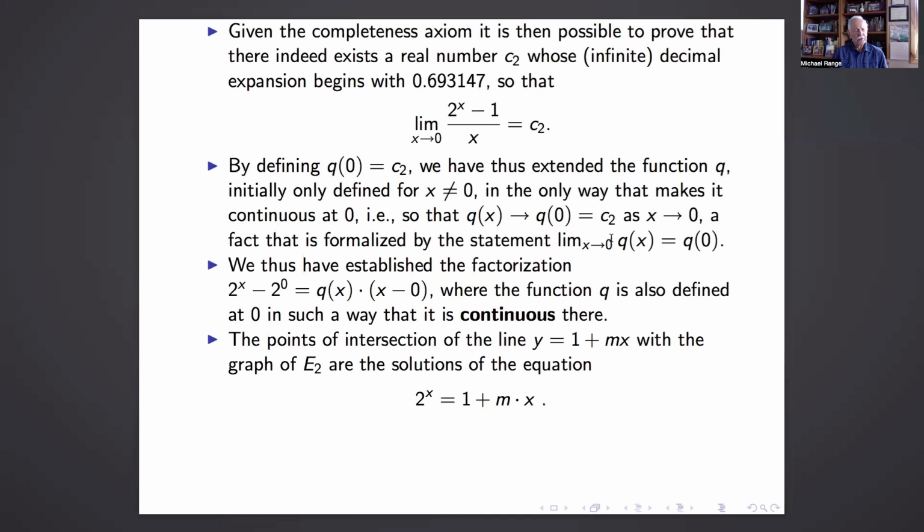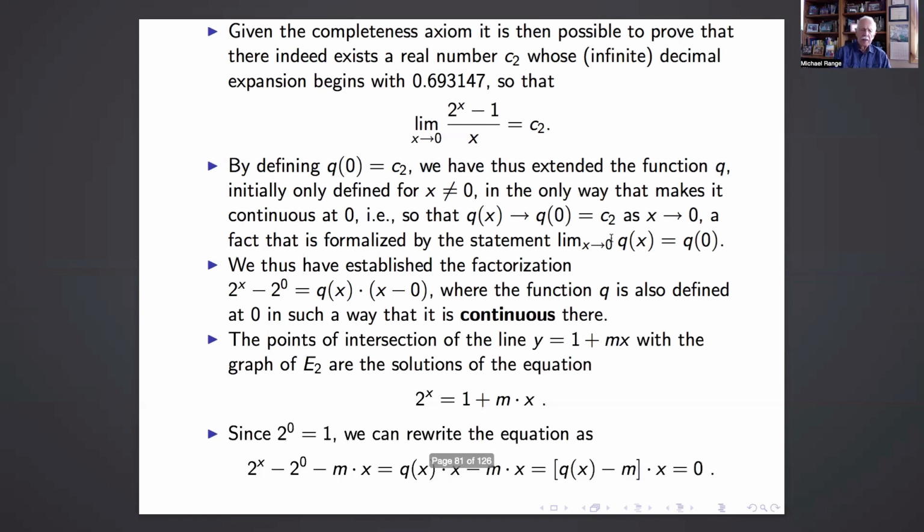The points of intersection of the line y equals 1 plus mx with the graph of E2 are the solutions of the equation 2 to the x equals 1 plus m times x. Since 2 to the 0 is equal to 1, we can rewrite the equation as 2 to the x minus 2 to the 0 minus m times x.